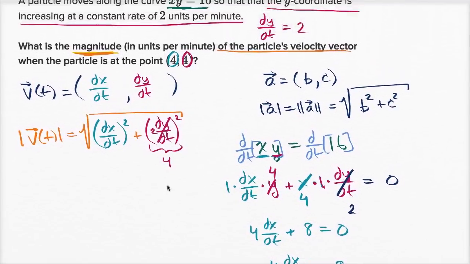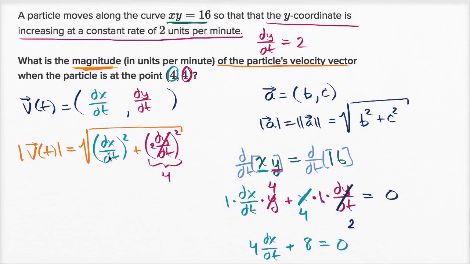So when all this is going on, the rate of change of x with respect to t is negative 2, and when you square it, you get a 4. The magnitude of our velocity vector is going to be equal to the square root of 4 plus 4, which is equal to 8, which is the same thing as 4 times 2. So this is going to be 2 square roots of 2 units per minute. That's the magnitude of the velocity vector.